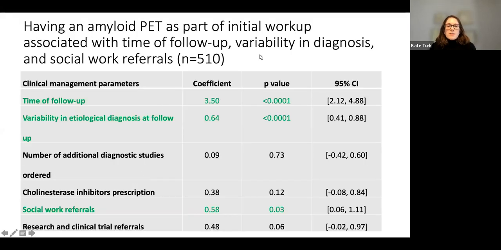So having a PET scan as part of the initial workup was associated with a longer overall time of being followed in the clinic. It was associated with decreased variability in the etiology at follow-up, and then was also associated with social work referrals.